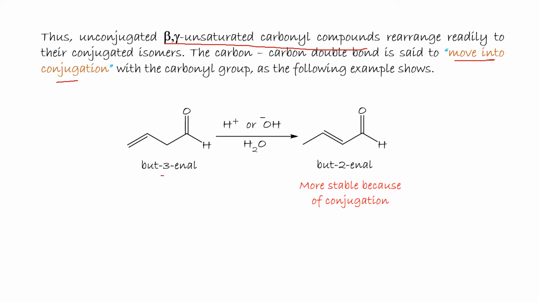If we have but-3-enal in acidic or basic medium, it transforms to but-2-enal, more stable because of the conjugation. Here, the C=C double bond and the C=O double bond are isolated.